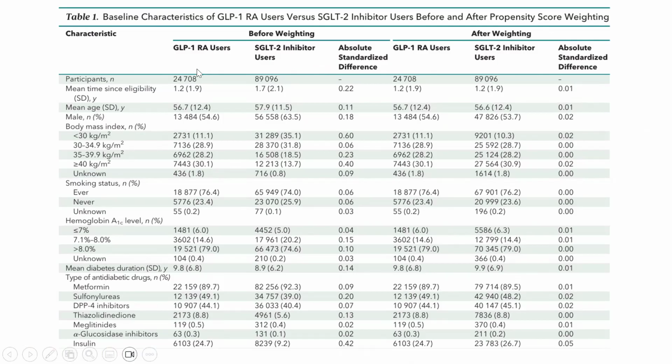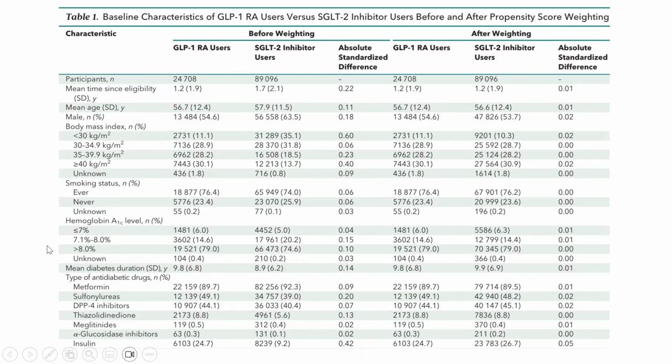These are the characteristics which they have presented before weighting, and after using a particular model of propensity score weighting, the right side half of the table shows those numbers. So the top part is basically all the socioeconomic status, like their age, their gender, and that.